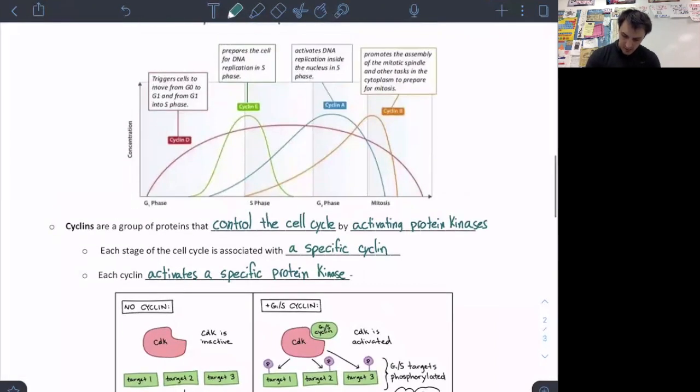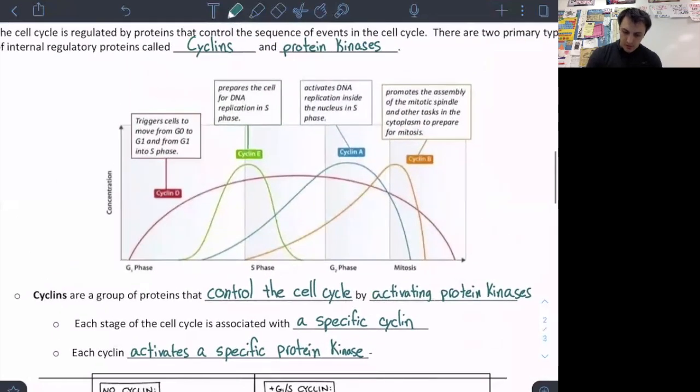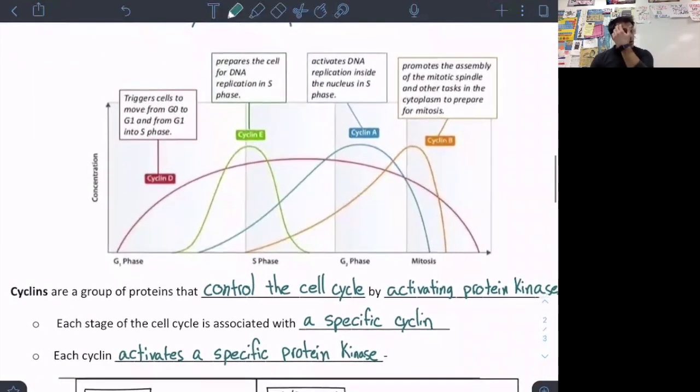Let's jump up really quickly towards our diagram above. On our x-axis, basically we have time, different phases of the cell cycle. Our y-axis is the concentration of different cyclins.